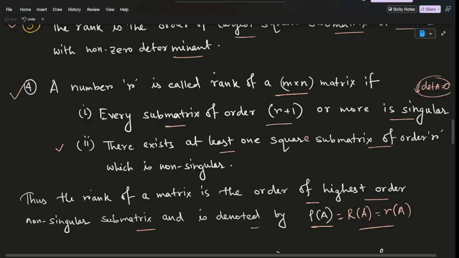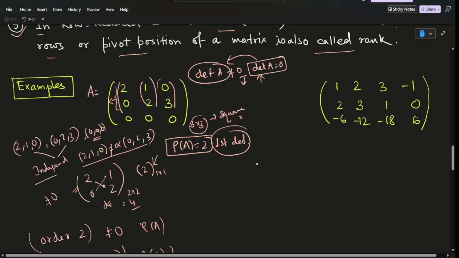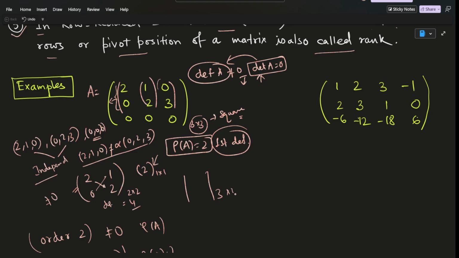Now the fourth definition, it is a similar kind with respect to the third. A number R is called the rank of an M by N matrix if every submatrix of order R plus 1 or more is singular. So see here, if we take the matrix of order 3 here, that is A, the determinant of this 3 by 3 matrix is 0.